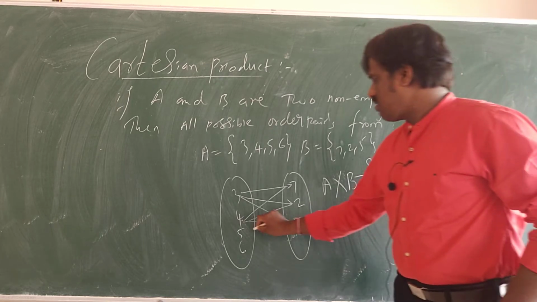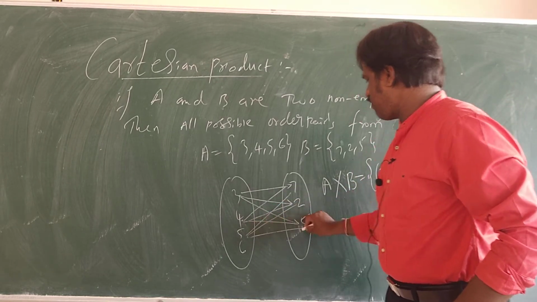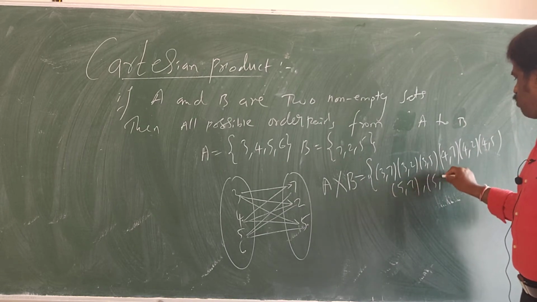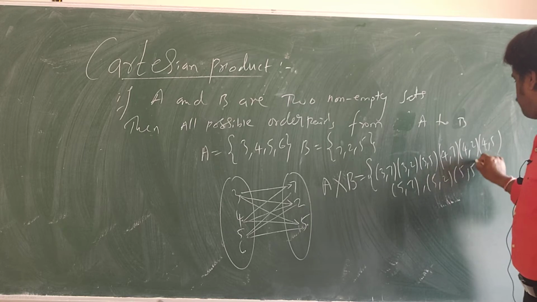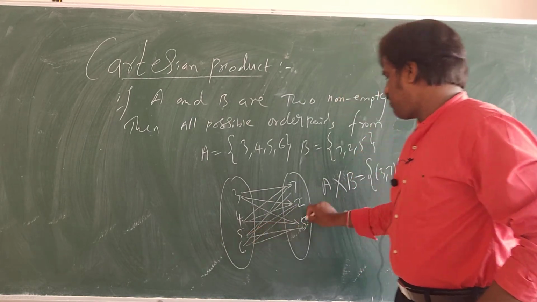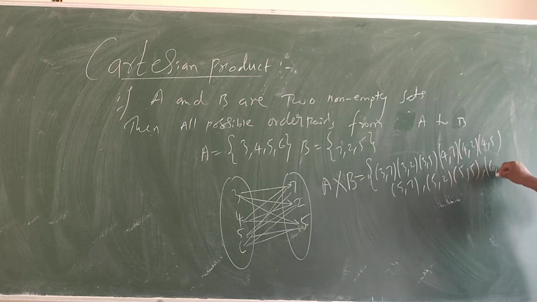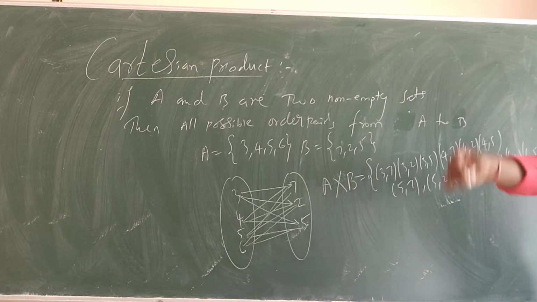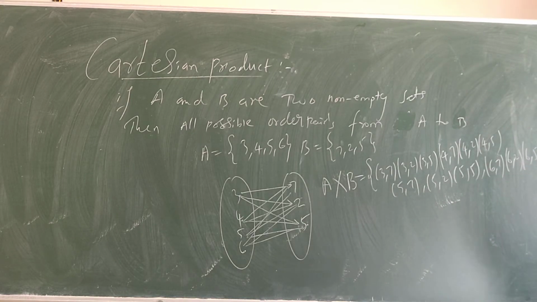Next 5 comma 7, 5 comma 2, 5 comma 5. Then 6 comma 7, 6 comma 2, 6 comma 5. This is called A cross B. So these are all the possible ordered pairs.